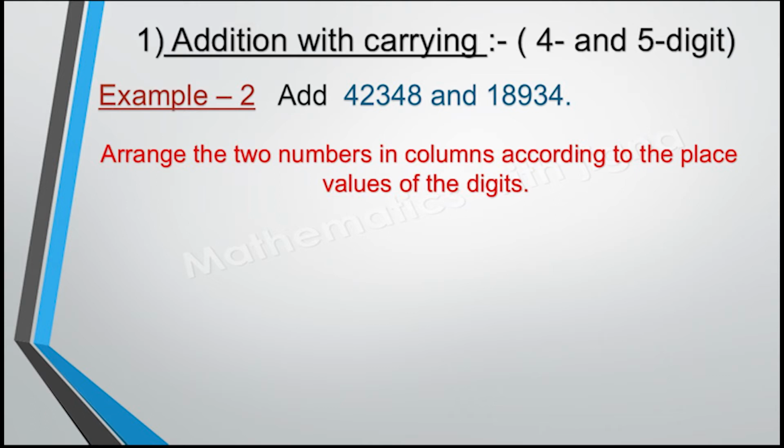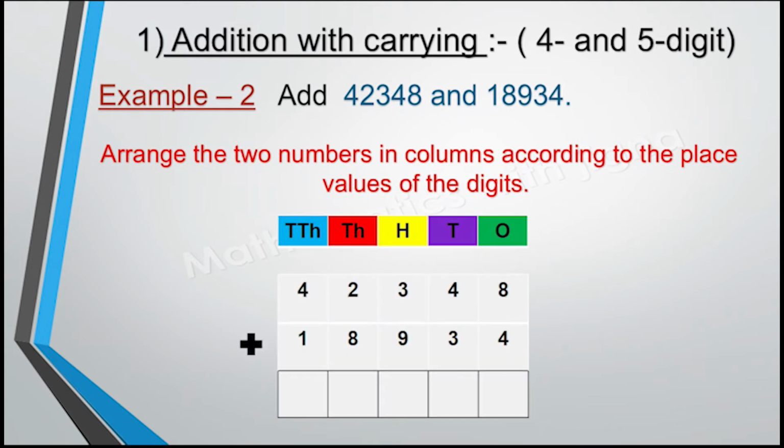So first arrange the two numbers in columns according to the place values of the digits. Start adding at the ones place. 8 ones plus 4 ones is equal to 12 ones.